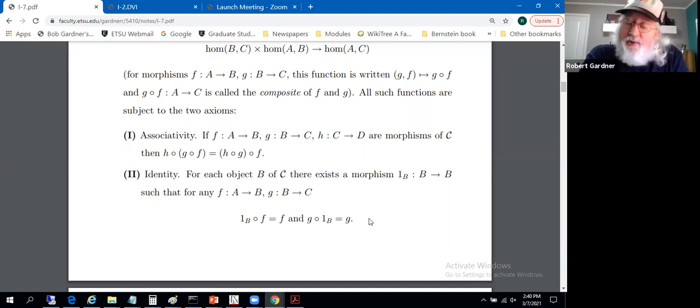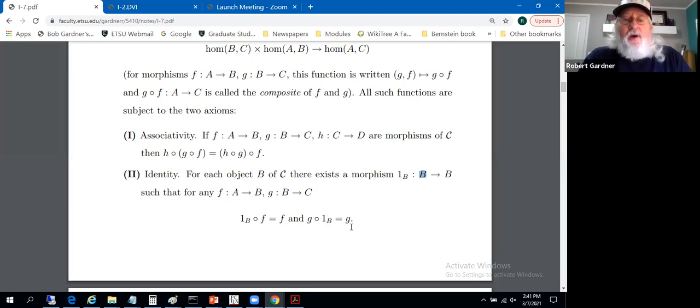Okay, morphisms are not functions, despite my innermost desires to refer to this as an identity function. It's not a function, it's a morphism. So functions we can define on sets. These are not sets, these are objects in a category. So there's some of the technical details. But we're requiring the composition of 1_B with f to equal f and the composition of g with 1_B to equal g.